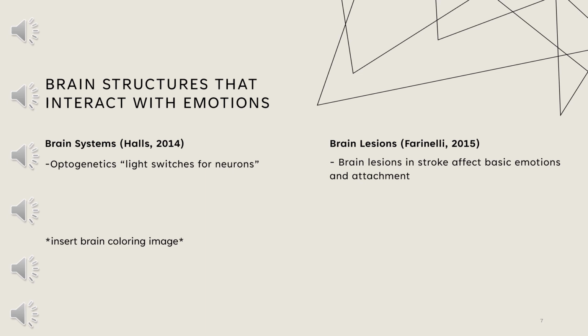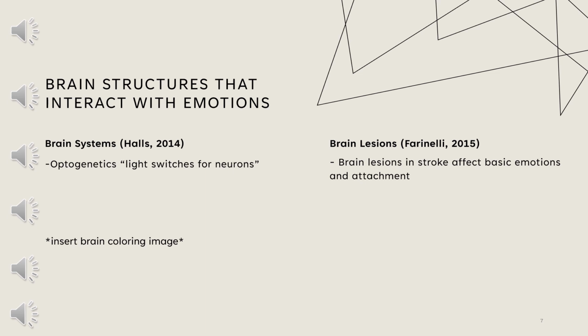So to start, we're going to get to know the brain and its systems and its regions and how they all play a role in the emotions that we may experience. Without the biological aspect of all these functions, we wouldn't really have any awareness as to why we experience the emotions we do and where they come from biologically.